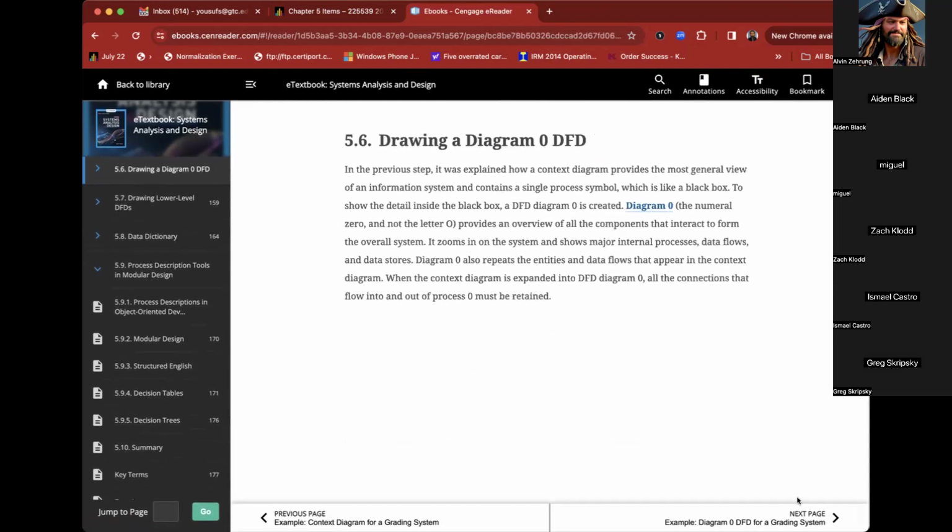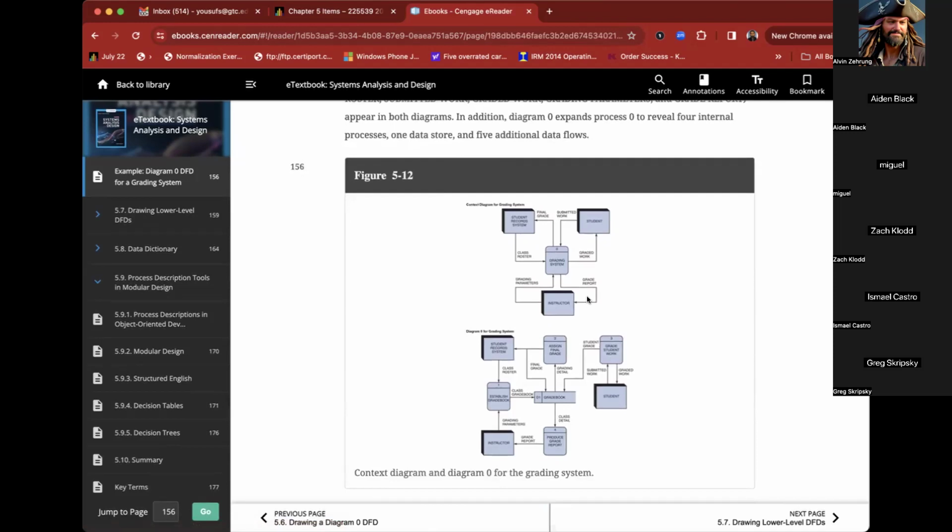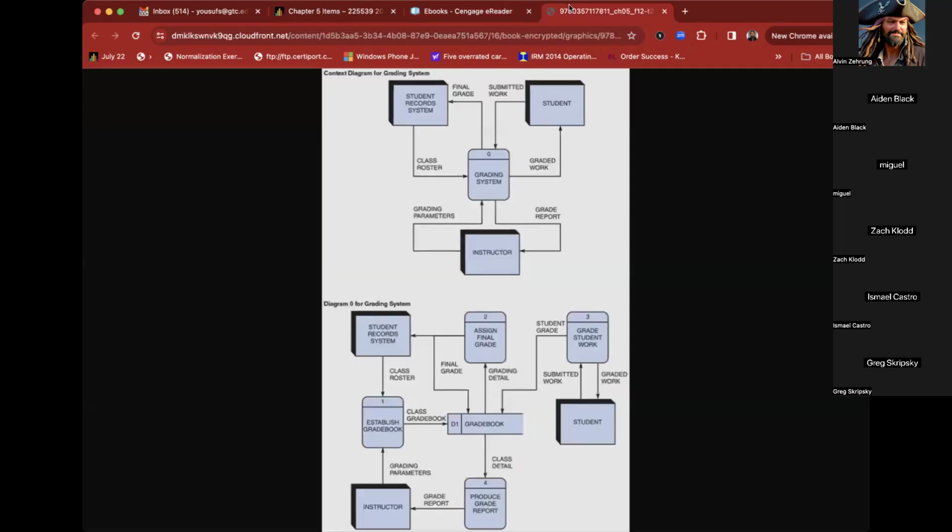Once you draw your context level 0 diagram, you always put the 0 on the main unit and you do not label or number anything else. Now, let's have a look at this one. Here is my context level 0 at the top.